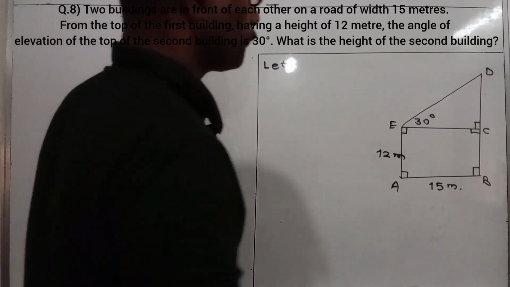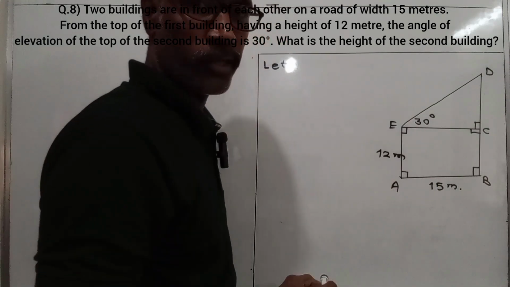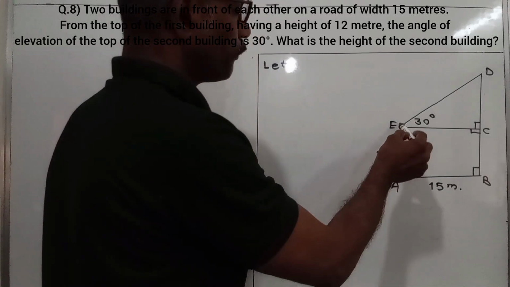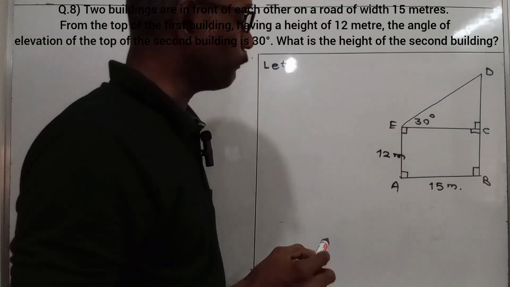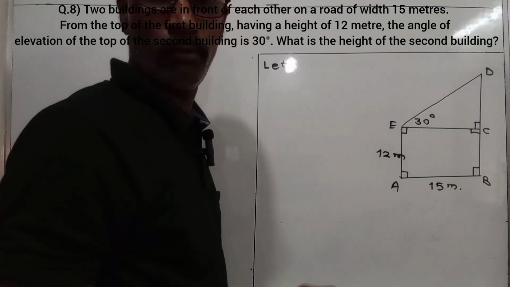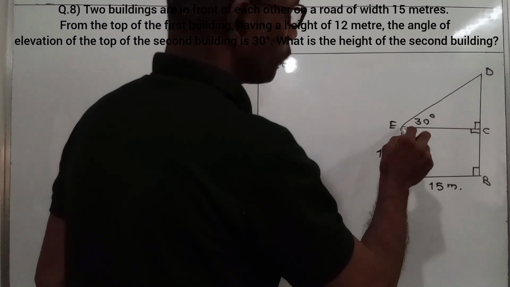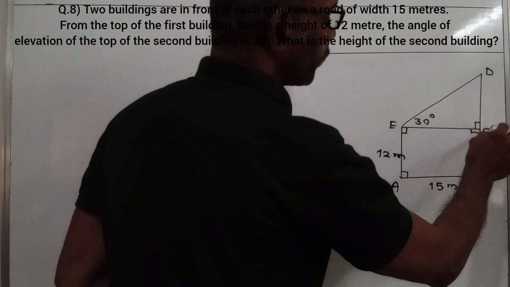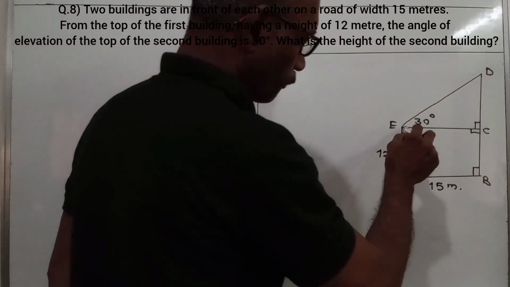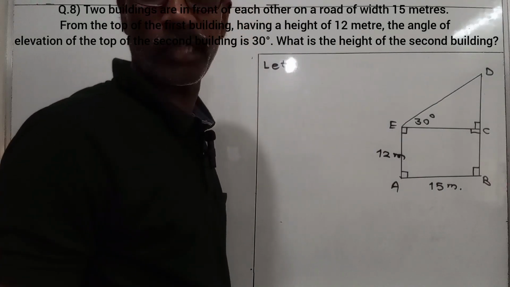Now see this here. This AE is the first building, BD is the second building. Height of the smaller building is 12 meter. We don't know the height of the taller building. Okay, we want to find it. Now, from this E, from the top of the first building, we draw a perpendicular on BD.